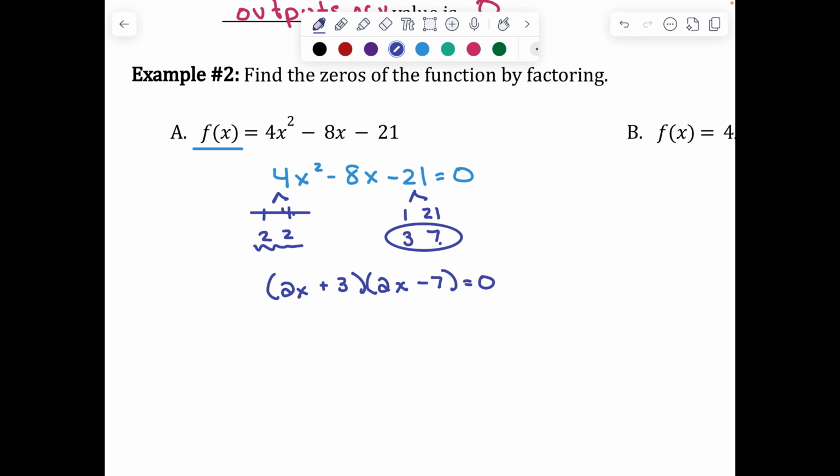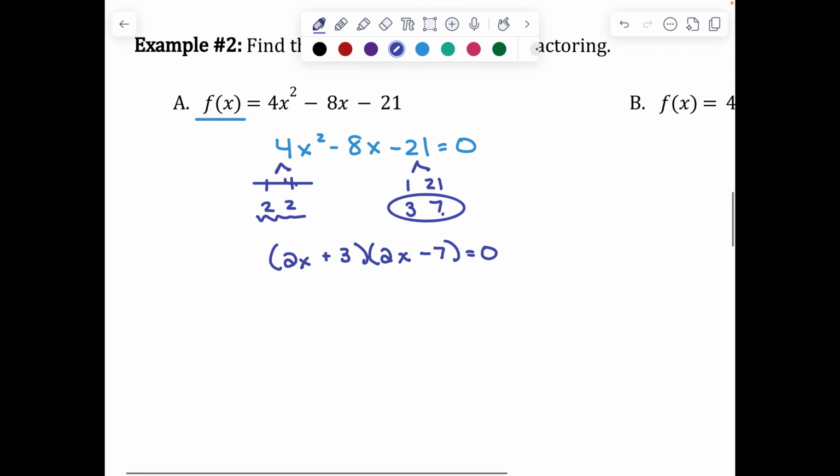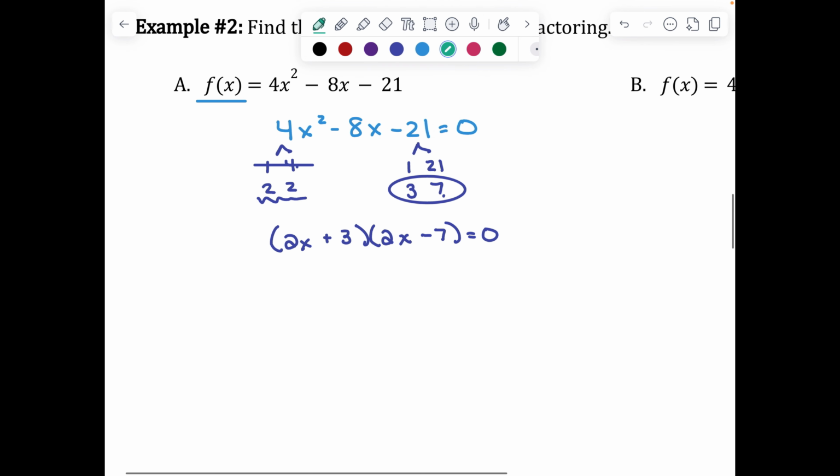Now we're just going to set each of these factors equal to 0 to find our zeros. So I have 2x plus 3 equals 0, or 2x minus 7 equals 0.